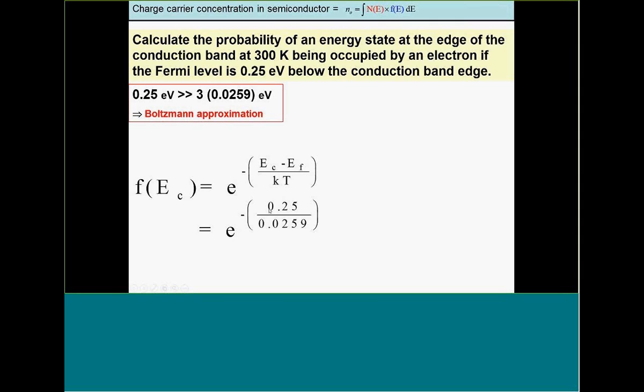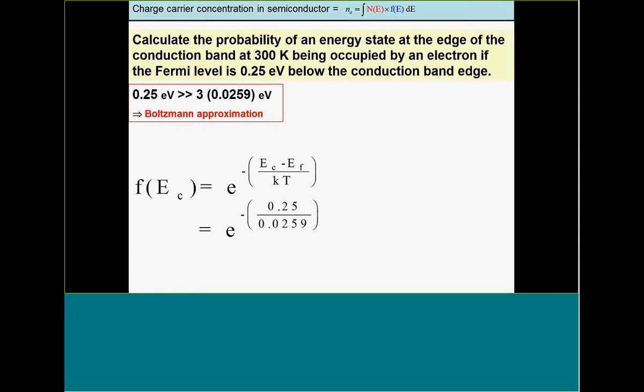We plug in our EC minus EF, 0.25, and our kT at 300 K is 0.0259, which I guess by now you can just recall: kT at 300 K is 0.0259. So it's easy, you don't have to do any calculation, just write it down. Yeah.